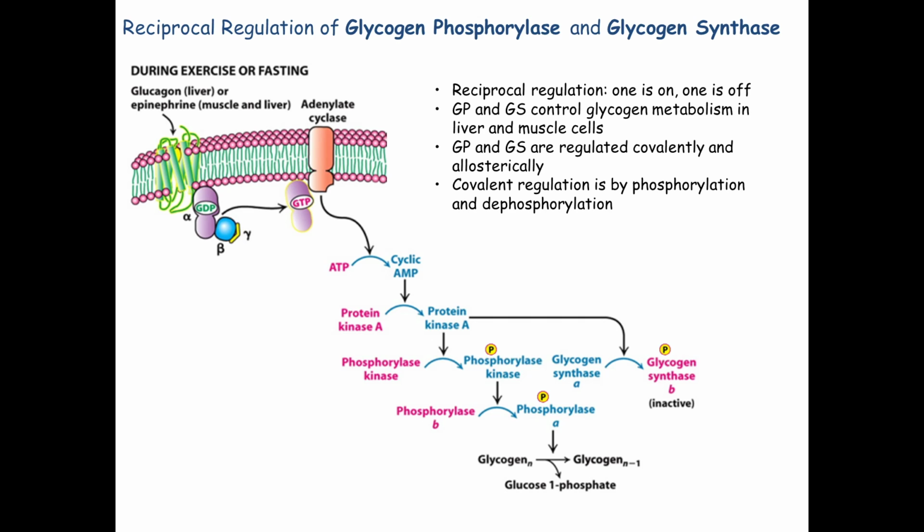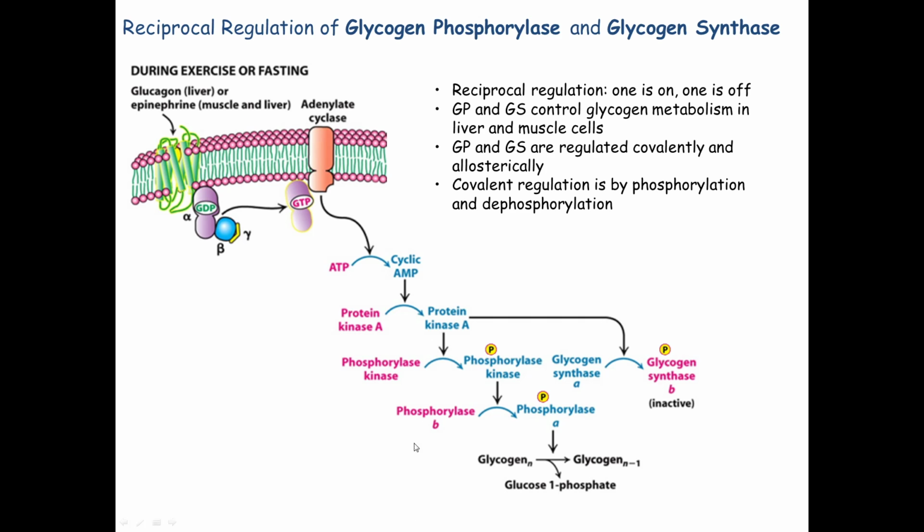Okay, so if you get a signal like glucagon or epinephrine, and it does this whole cascade, which you're familiar with up to this point, right? So you know all this stuff down to protein kinase A being activated. Let's do this one more time. Protein kinase A does what kinases do and phosphorylates things. In fact, it phosphorylates a number of things, 2 of which are described here.